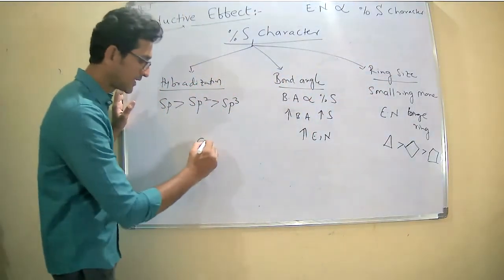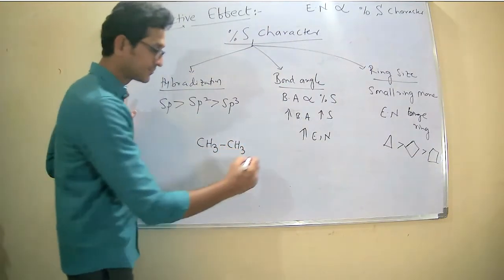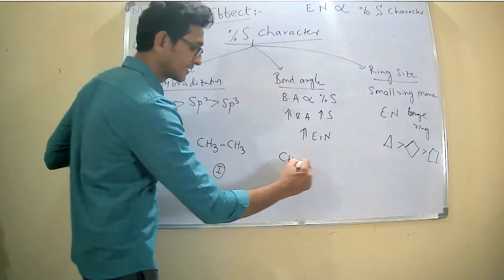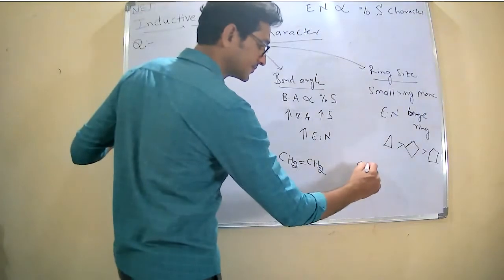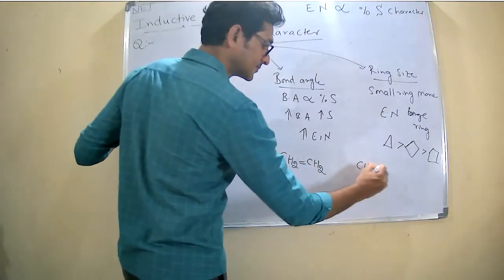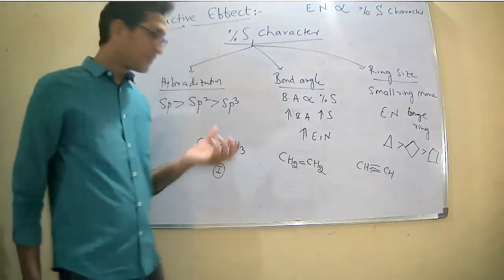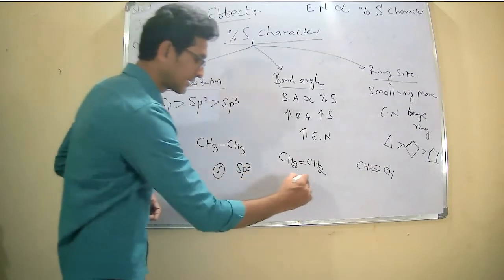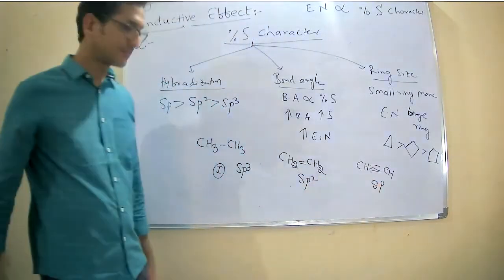For example, I will take CH3: ethane, ethylene, ethyl. First, based on the hybridization: sp3, sp2, and sp.